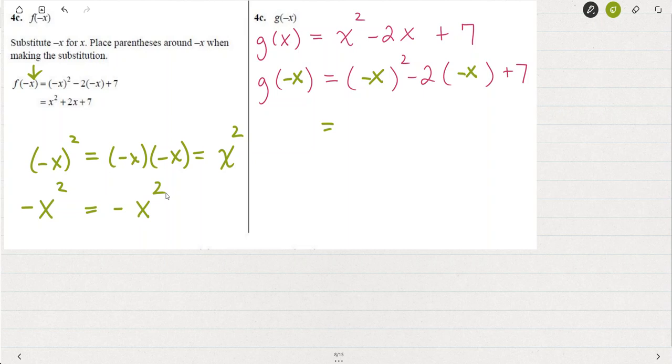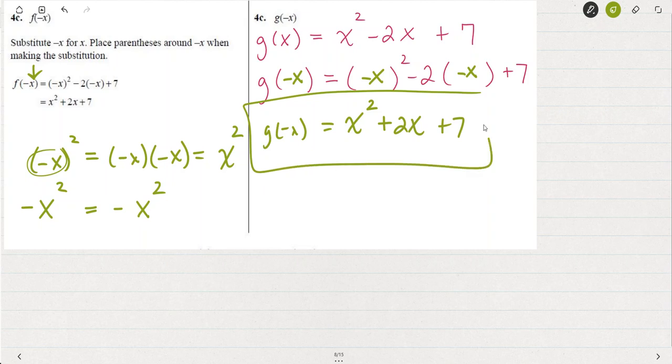But when I'm putting that opposite of x in parentheses, it becomes more obvious that it's positive. Negative times negative is positive plus 7. So g of the opposite of x is going to be x squared plus 2x plus 7.